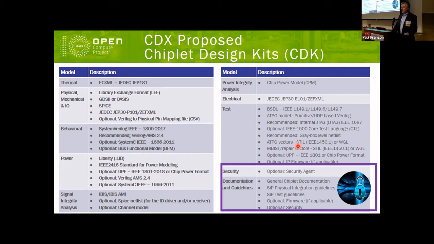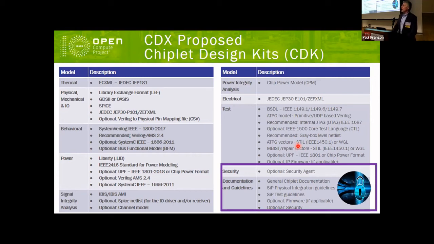So in addition to all the aforementioned models, there's still a need for documentation. This would include general chiplet type documentation and integration guidelines. Similar to IP that's integrated into chips, we would look for integration guidelines to assist the integrators in integrating those chiplets into their package. Test programs also.